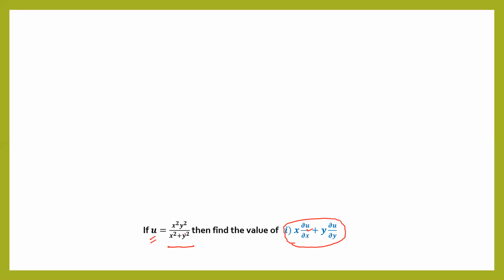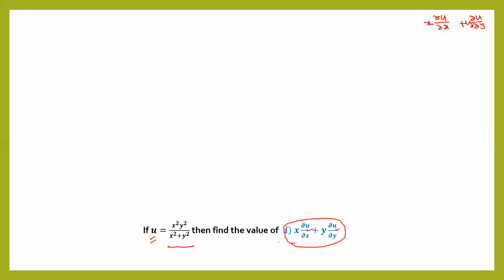Differentiating this u with respect to y, we have to find del u upon del y. Then multiply this by x, multiply the other term by y, and then take the addition. And after taking addition, you will get the value of this term. But it's quite a lengthy procedure to differentiate, multiply by x, multiply by y, and then take the addition.